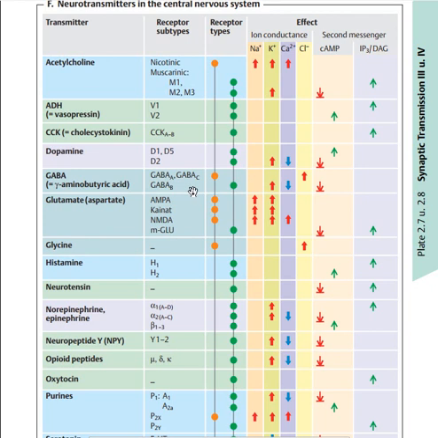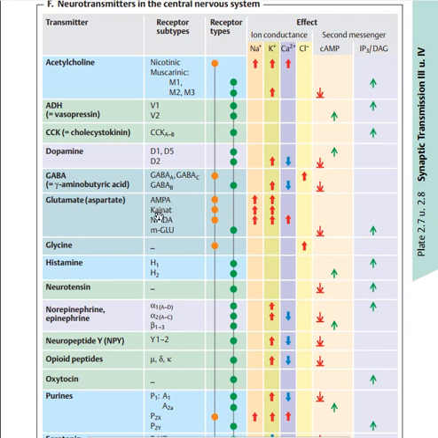Then we have GABA B. GABA B is a metabotropic receptor. It acts by increasing the potassium ion channel and reducing the calcium ion channel via the cAMP pathway. So this GABA B is also an inhibitory receptor. The next one we have is glutamate.